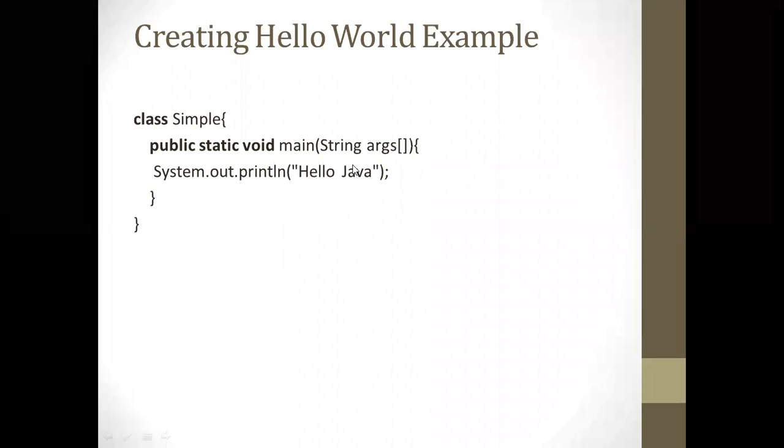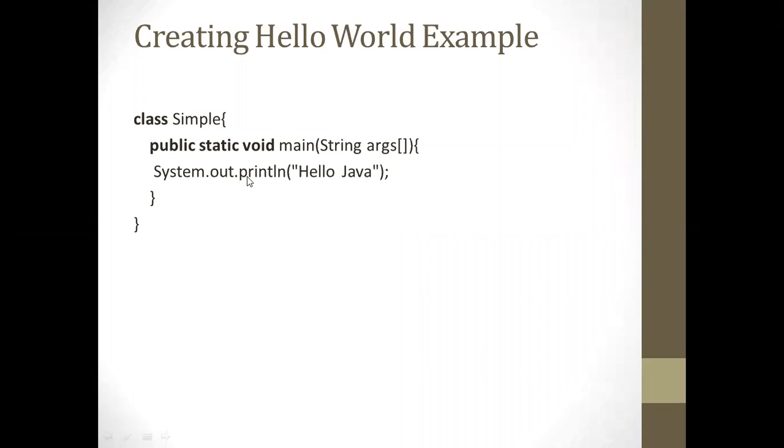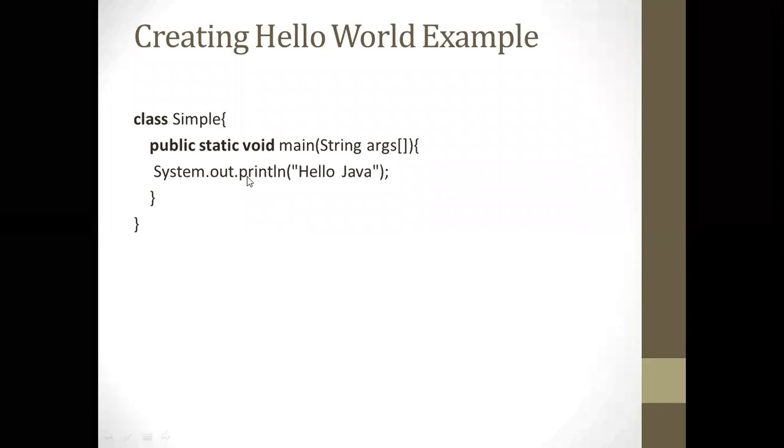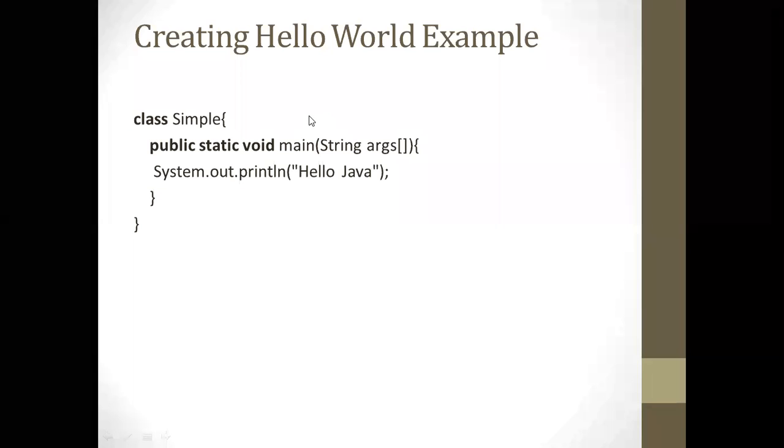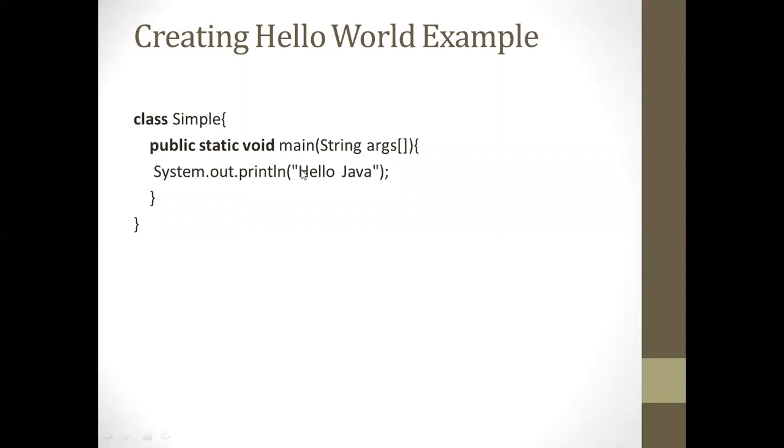This method called by the JVM has to be in some particular class. Clear? And because it is static, no instance of this class is being created. We have defined this particular method using the static keyword, which means we don't require any object for this particular class.